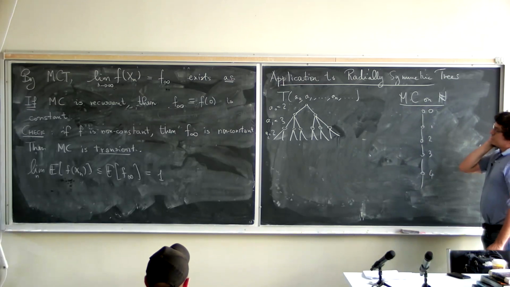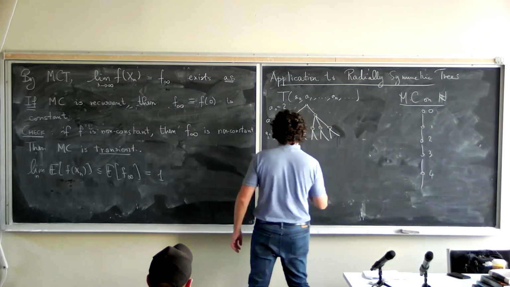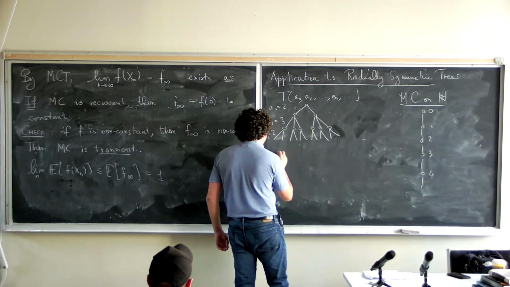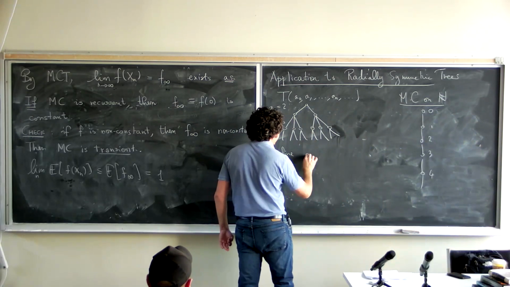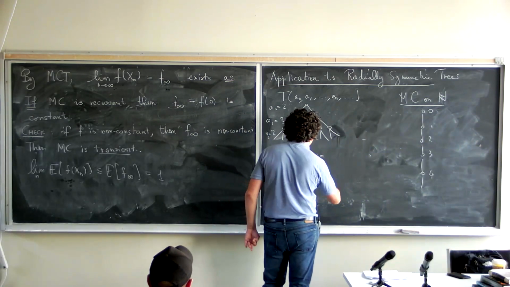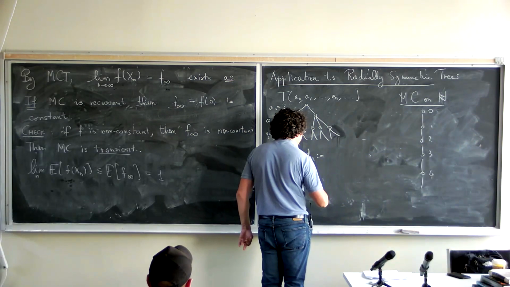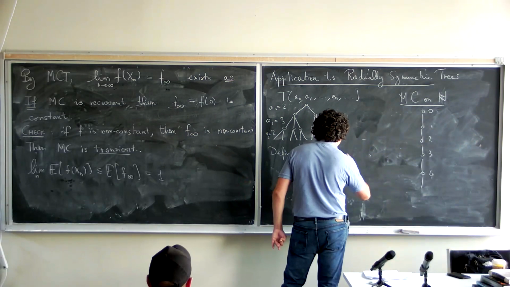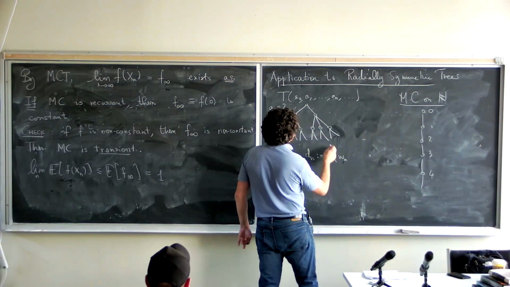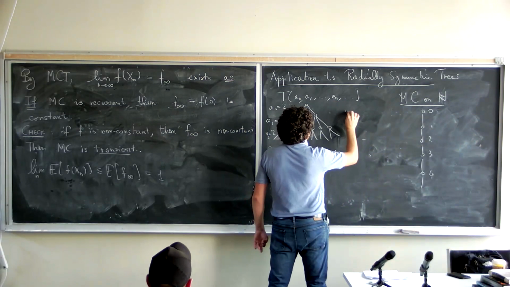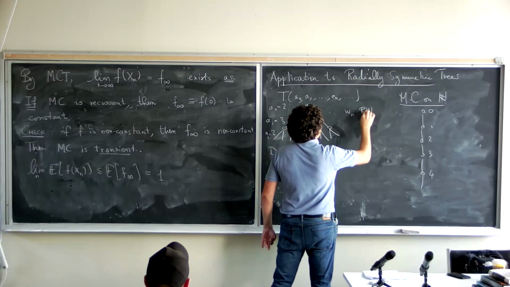And now we define a Markov chain. So we define again dn, which is the distance between the n-th step of the walk, which we always denote as Wn, the random walk on the tree, and 0.